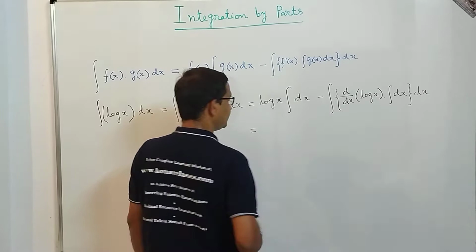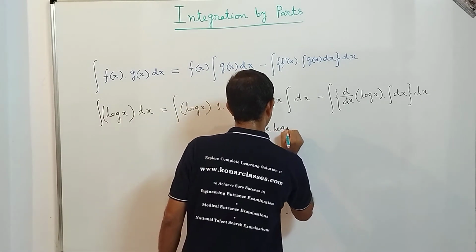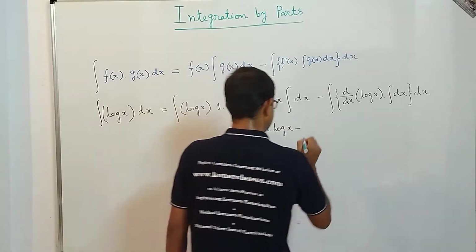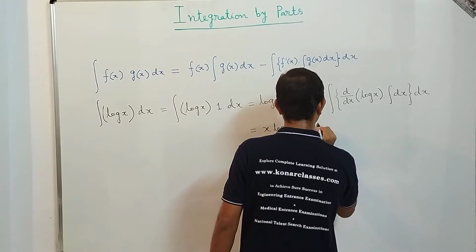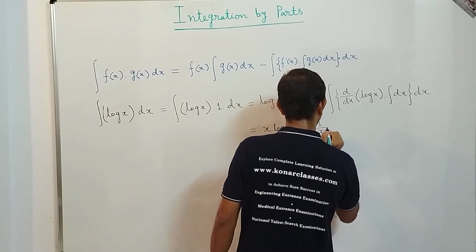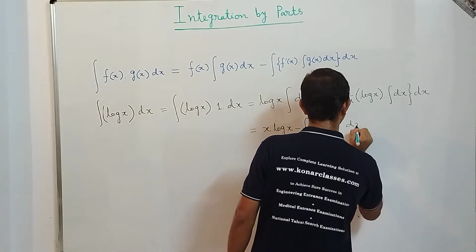So then what are we going to get here? Integration of dx is x, so x into log x minus integration of d/dx of log x, which is 1 by x, into integration of dx, which is x, and complete dx.